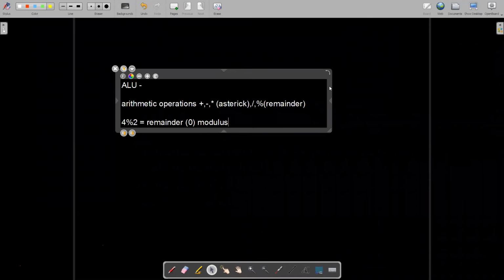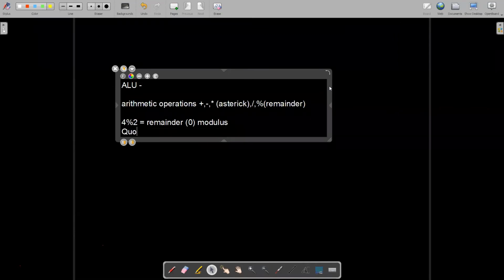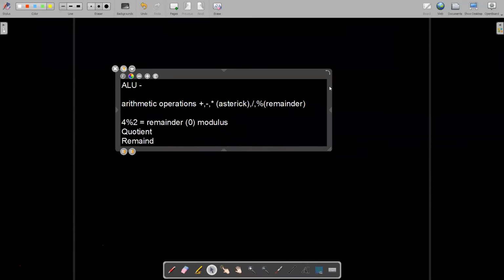When you divide the dividend with the divisor, you get two things. One is your quotient and one is your remainder. So quotient you get if the operation is 4 divided by 2, where slash stands for the division operator. Whereas remainder will be 4 mod 2, where percentage stands for the modulus operator. When you study programming next in 11th class, if you opt for computer science, you will study all these operators.